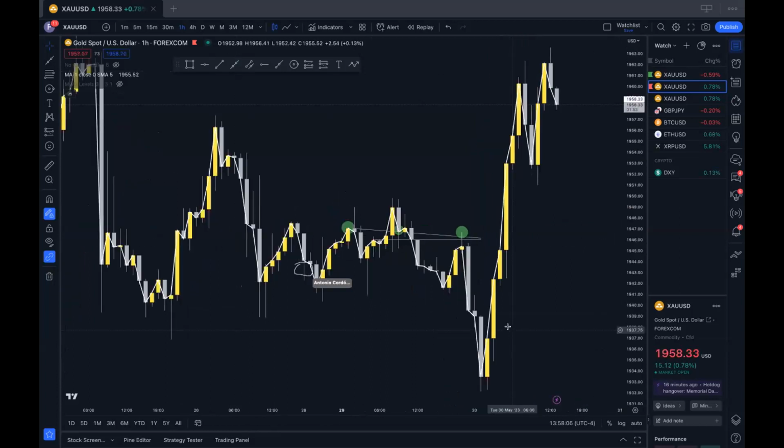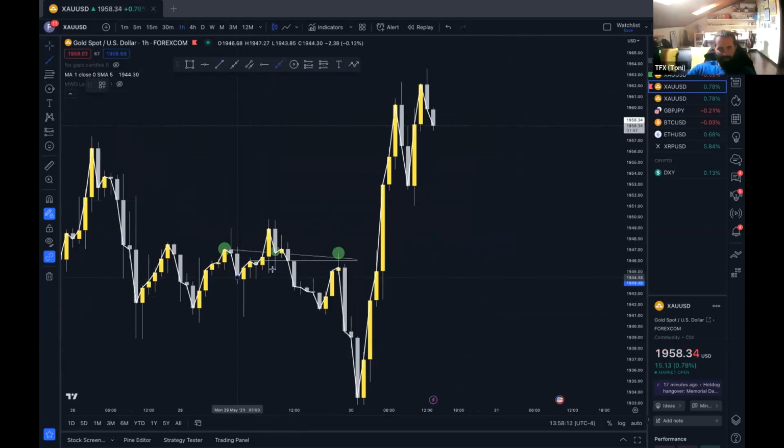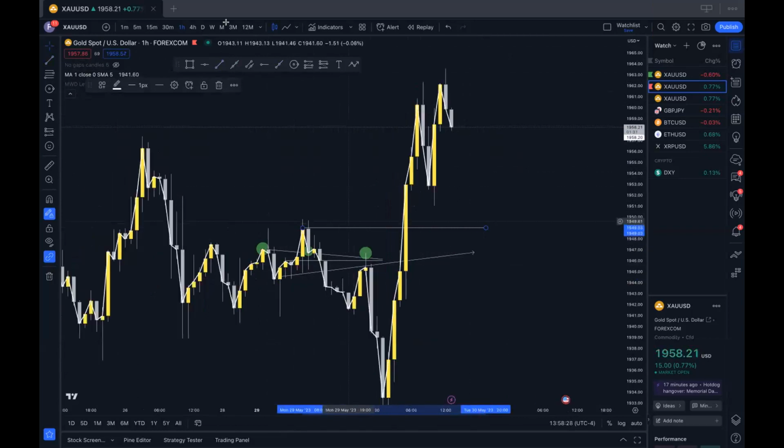Let's see if that works. You said this point right here? Exactly, that point. Yeah, if price came down, you could mark it with this breakout level. Yeah, you could do that for sure.